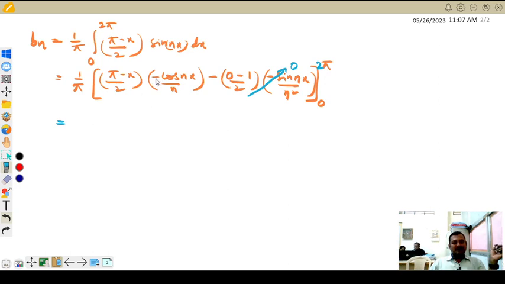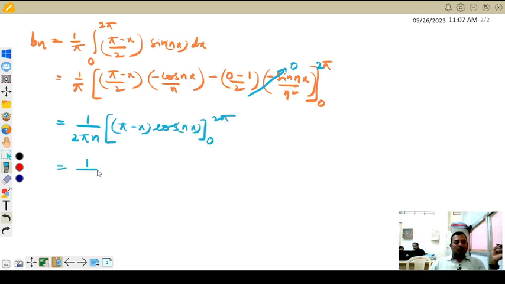So substitute only in the first term. So take minus sign outside. This is 2 into n, also 1 by 2 pi n outside. The remaining is pi minus x. I will write here pi minus x into cos nx between 0 to 2 pi. 1 by 2n pi, this is pi minus 2 pi.